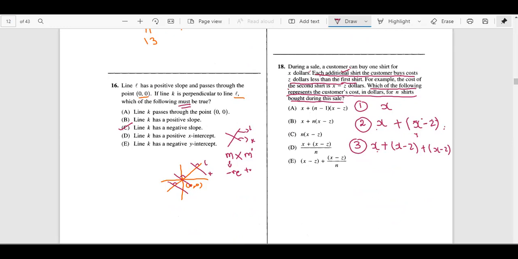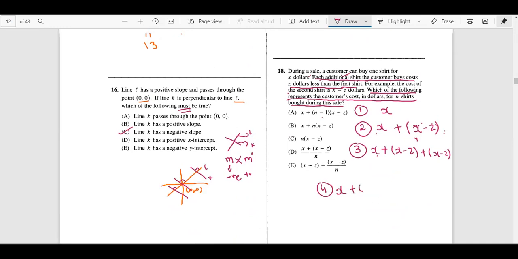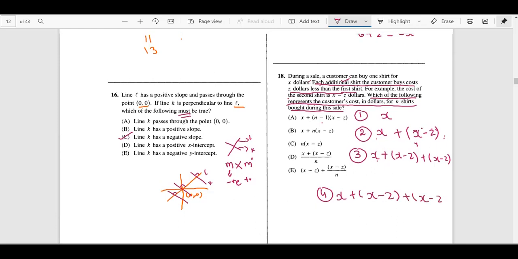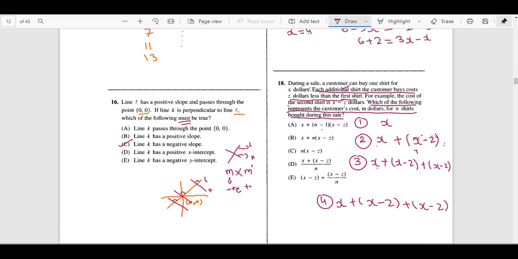Let's say we have a customer who has to buy 4 shirts. The first shirt would be X. Then each additional shirt is for Z dollars less than the first one. So this is going to be X plus X minus Z plus X minus Z plus X minus Z. Now you need to understand the pattern.